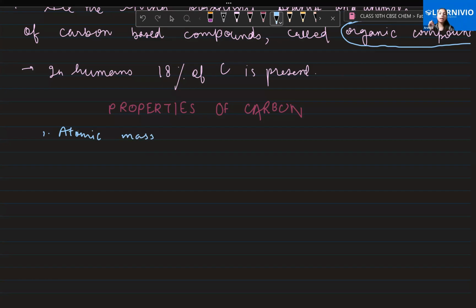An atom or an element has got its neutron and proton inside it, right? So when we add the protons and neutrons and then a number comes, that is basically atomic mass.